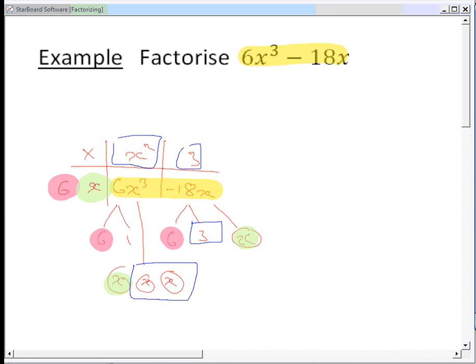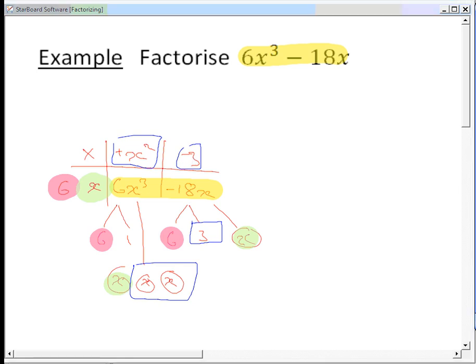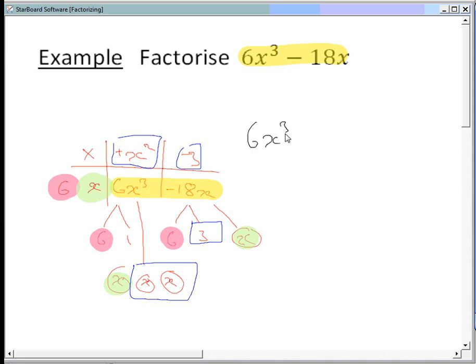So lastly, we then need to go back and think about the sign. So positive times something is positive, well that must be positive. Positive times something must be negative, that needs to be negative. So when we factorise this, 6x cubed minus 18x is equal to 6x, open brackets, x squared, take away the 3.